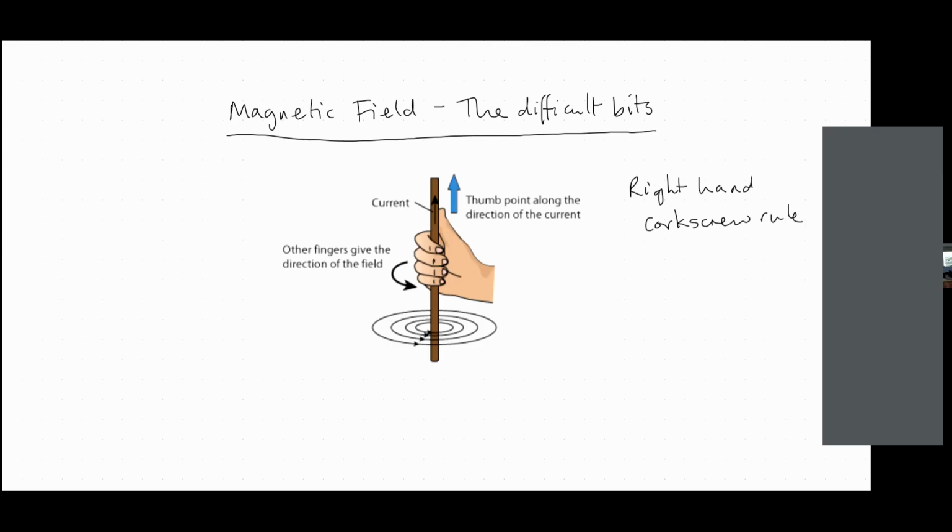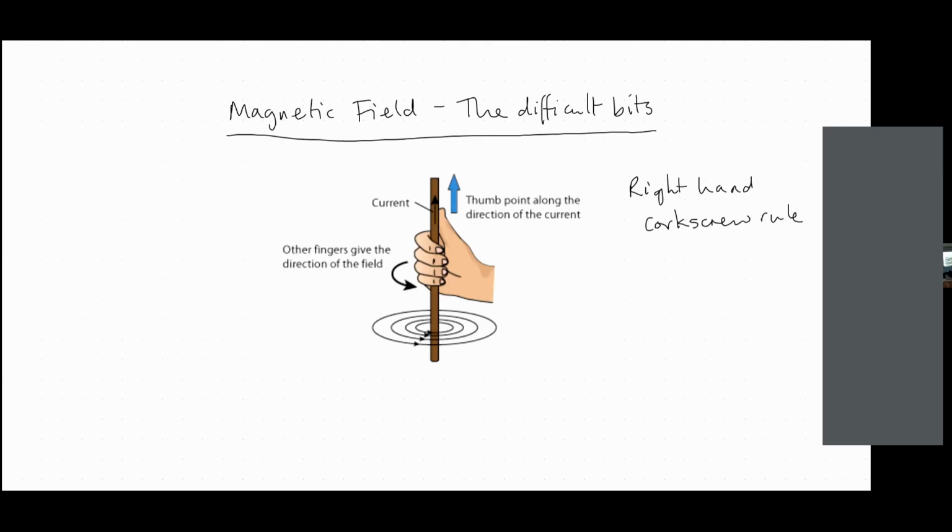The consequence of this right-hand corkscrew rule is that when you wrap that wire round and round and round into a thing we call a solenoid, you end up adding up all those little currents together, and you end up with a sort of combination. It's a bit like superposition with waves.